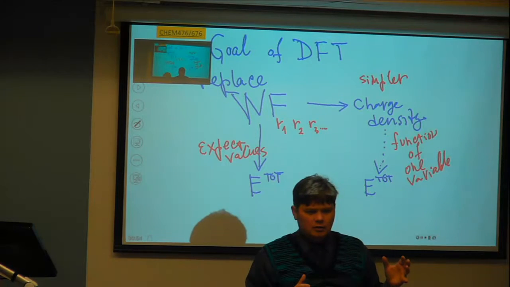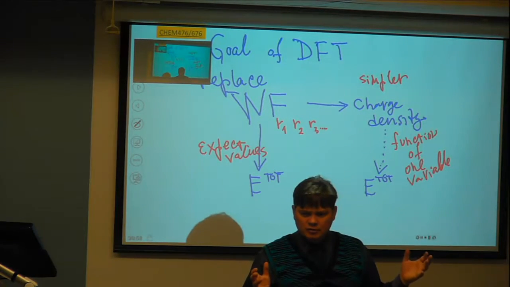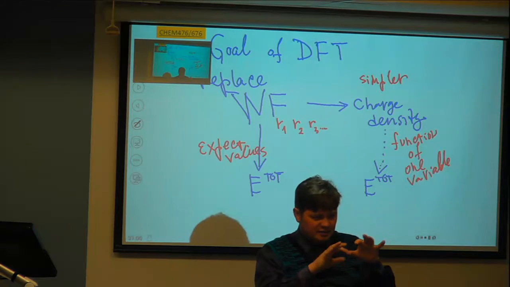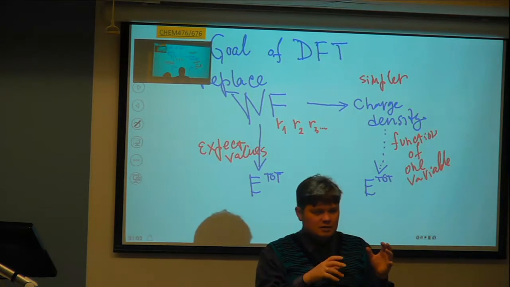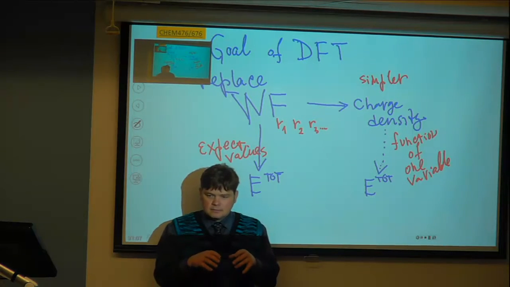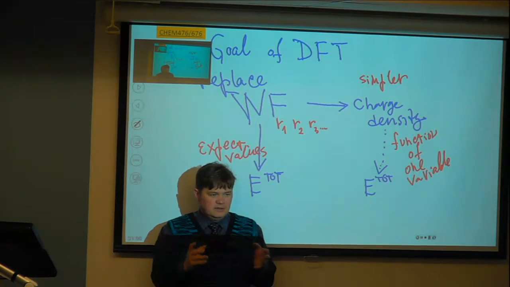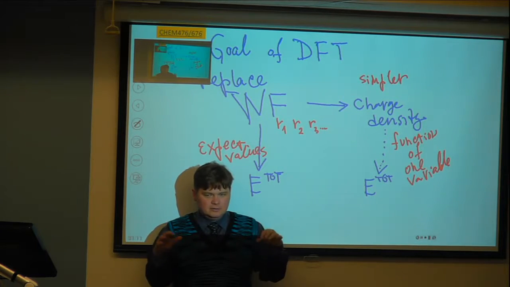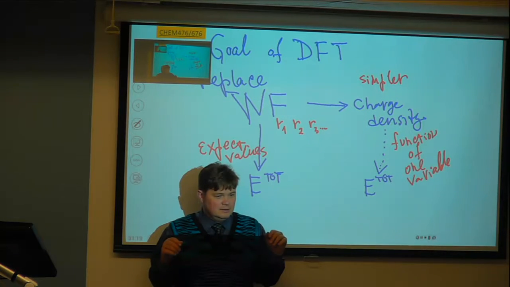Until now, we were targeting the Schrödinger equation for the multi-electron wave function as this inside object. And then we split it into orbitals that are fed into a Slater determinant and so on, right?